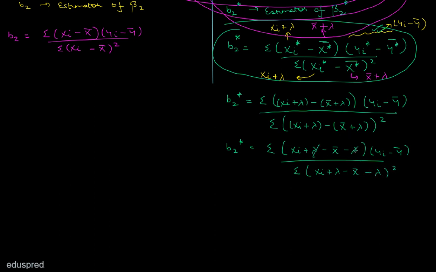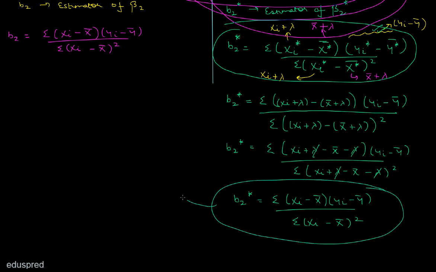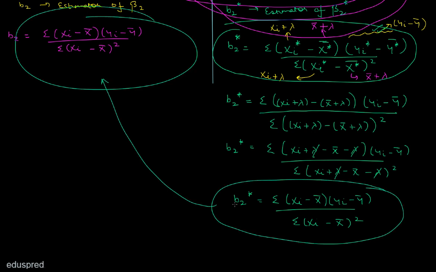Now this and this get cancelled, this and this get cancelled. So we get that b2 star is just equal to summation of xi minus x bar times yi minus y bar divided by summation of xi minus x bar whole square, which is nothing but the same formula that's written over here. So basically b2 and b2 star are going to be the same.